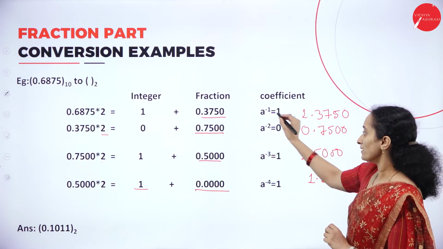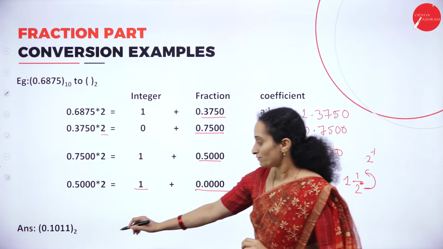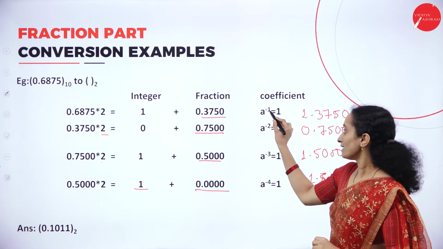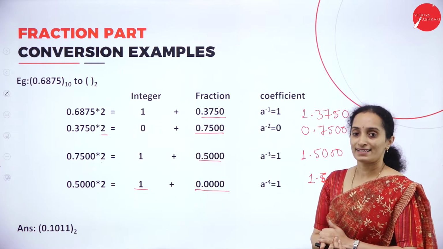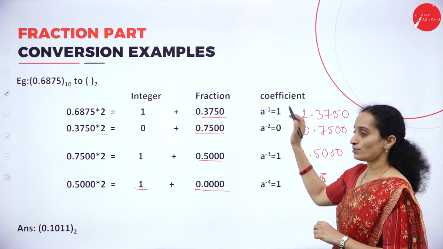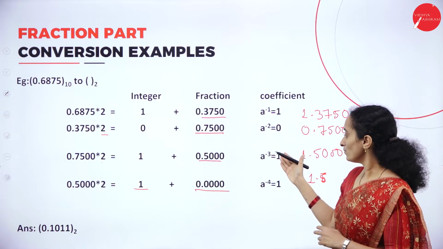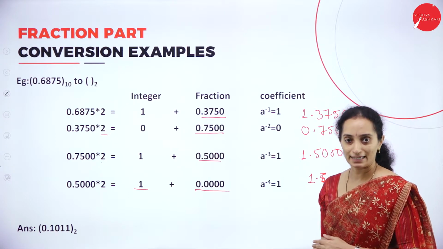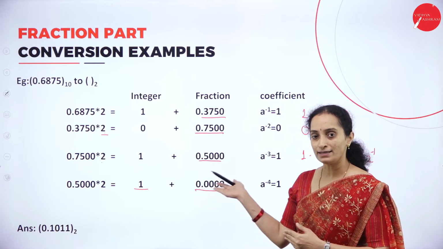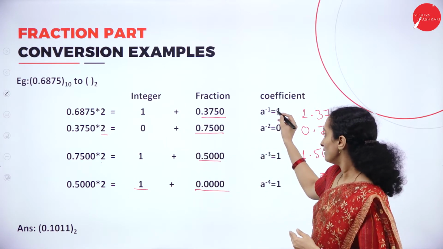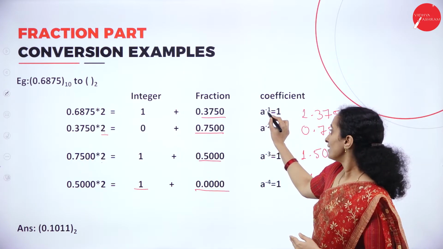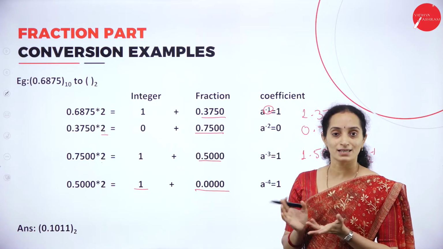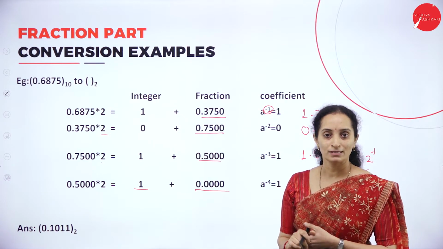For the same purpose, the values in the fractional part will be represented as negative values, that is to the power of minus 1, minus 2, minus 3, minus 4, minus 5, like this. It starts with minus 1 because minus 0 doesn't have any value.